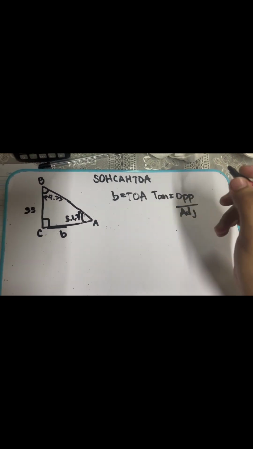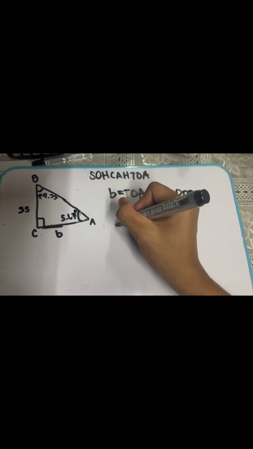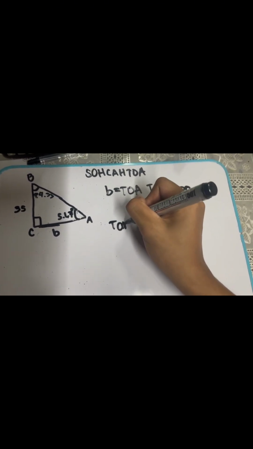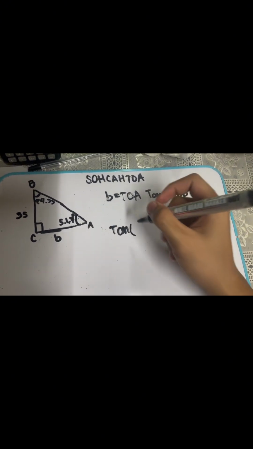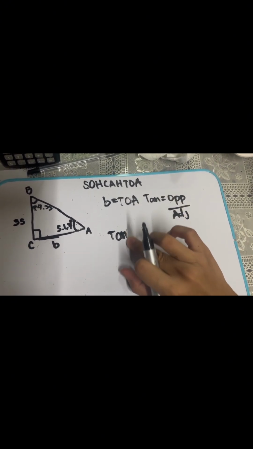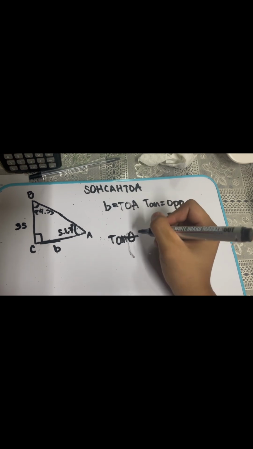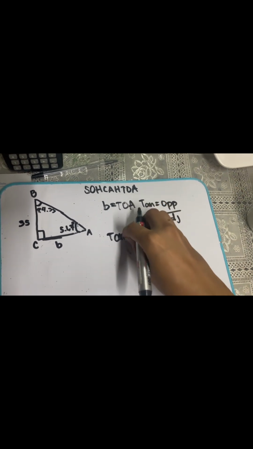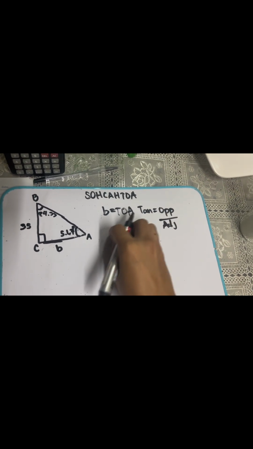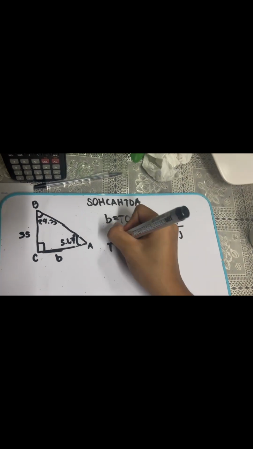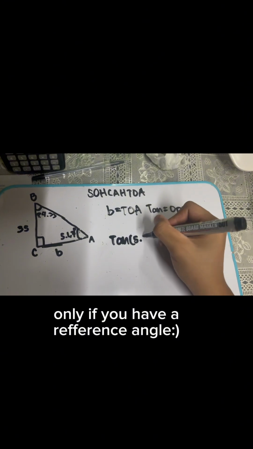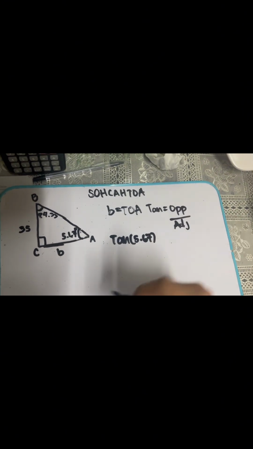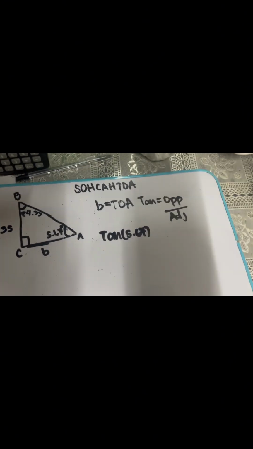So first, let's write down our given. Tangent and our reference angle. It's always going to be written as tangent theta. But if you have a reference angle, you should always write it down as this, since theta is a value of our reference angle.